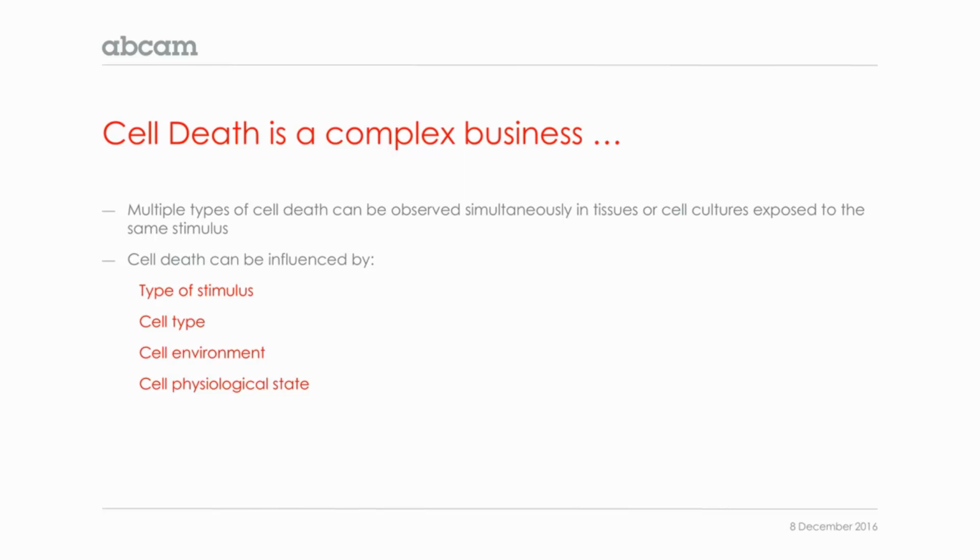The cell type. Some cell types are more likely to activate some cell death pathways, like for instance, necrosis is only seen in neutrophils. The cell environment. In an in vivo environment, for example, cells closer to a blood vessel will get a higher concentration of a pharmacological compound than the ones farther away, and this could lead to activation of different cell death pathways.